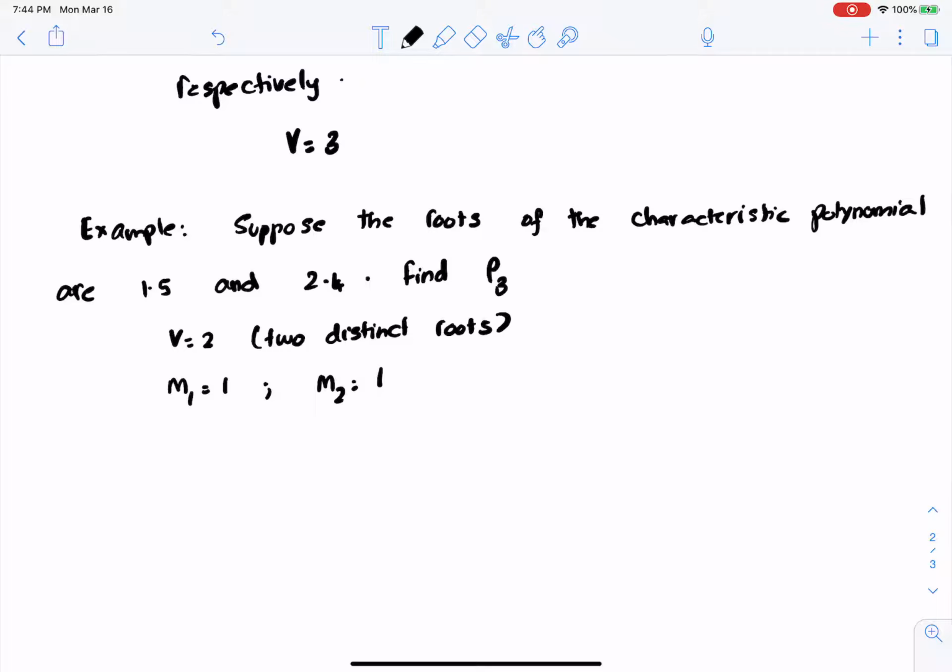And rho k is given by the formula written previously.